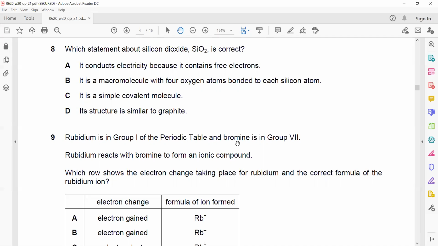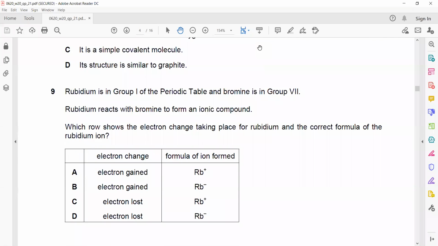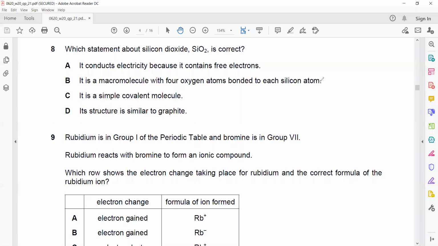Which one is the right answer? Silicon oxide is also sand. It is a giant covalent structure. Is it like graphite? No, it's not like graphite, it's like diamond. Its structure is tetrahedral. Graphite is hexagonal, like a ring. This is a structure similar to that of diamond, in which each carbon forms four covalent bonds. It does not conduct electricity because there are no free electrons.